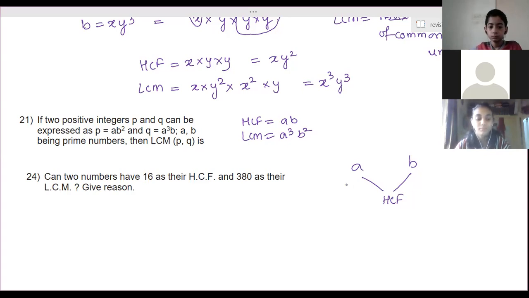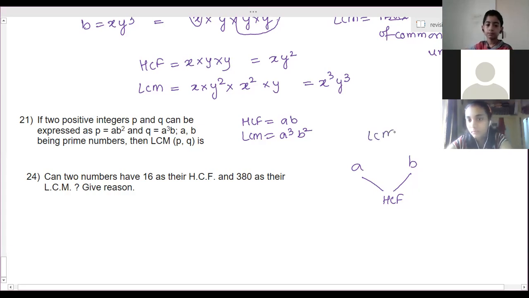Right? Able to understand? Yes, ma'am. So A and B are factors of LCM always. A and B both are factors of LCM. So LCM is always greater than these two numbers, or sometimes equal to the larger of the two numbers.